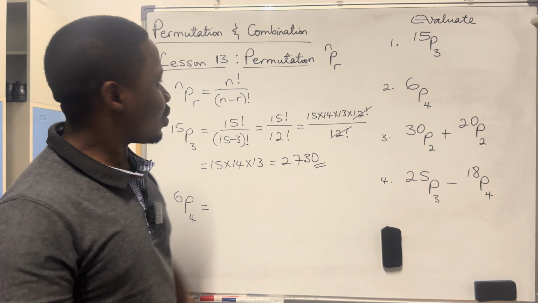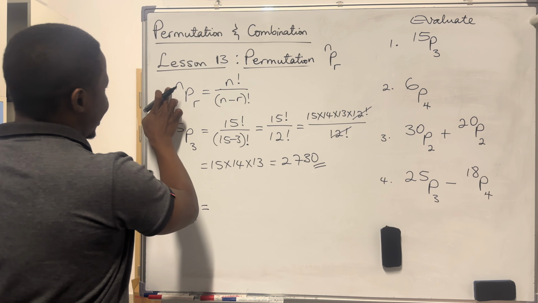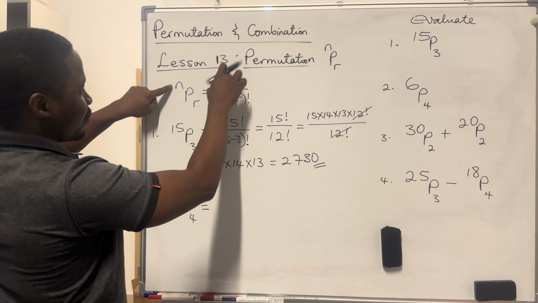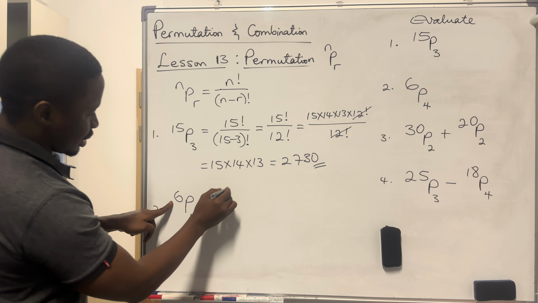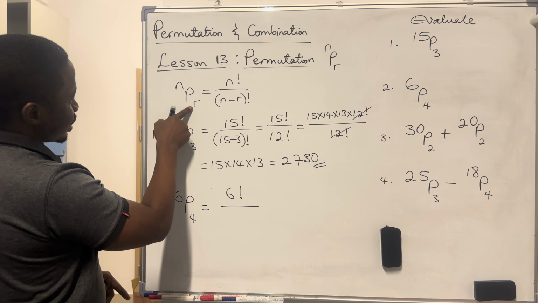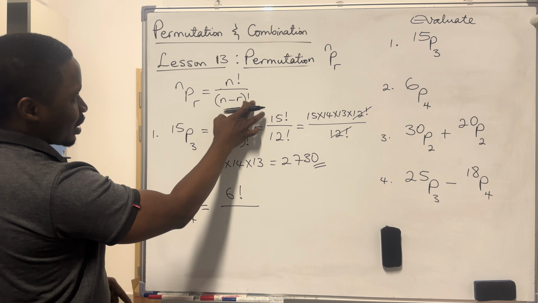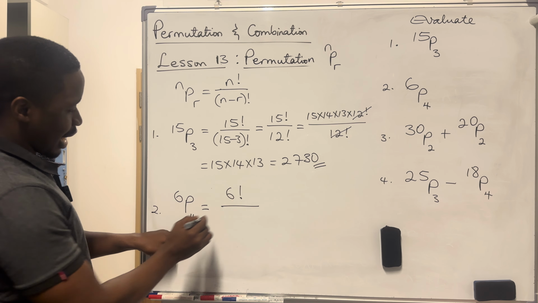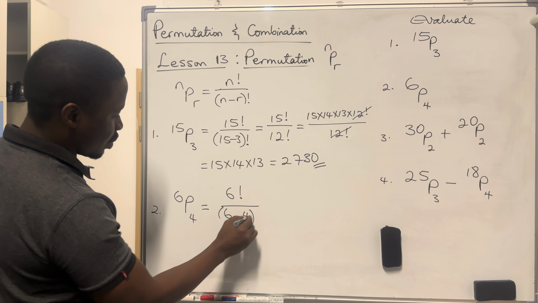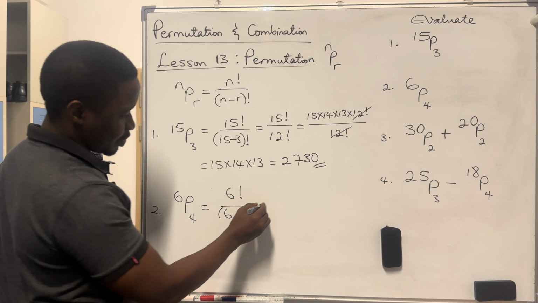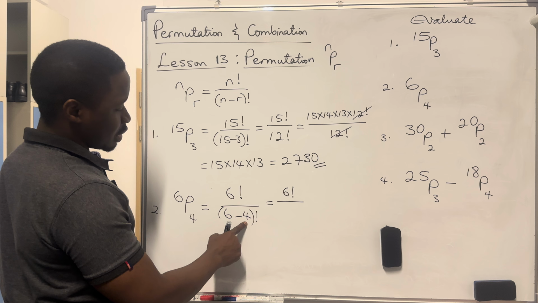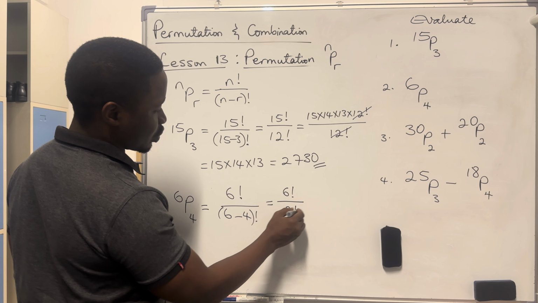The second one asks us to find 6 permutation 4. Look at the formula here. n permutation r is this one. So 6 at the top with a factorial, and n minus r with a factorial, so 6 minus 4 factorial. At the top is 6 factorial, and 6 minus 4 is 2 factorial.